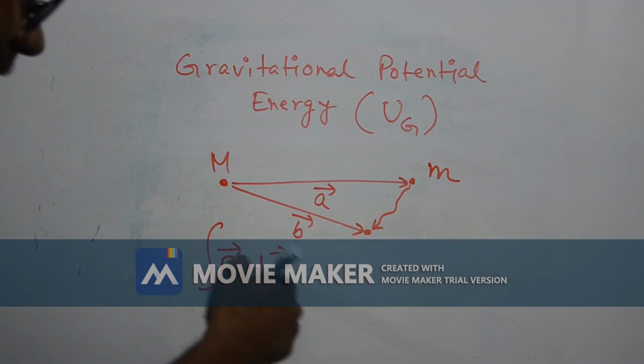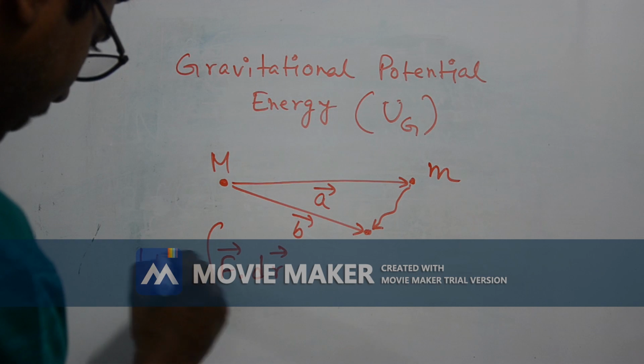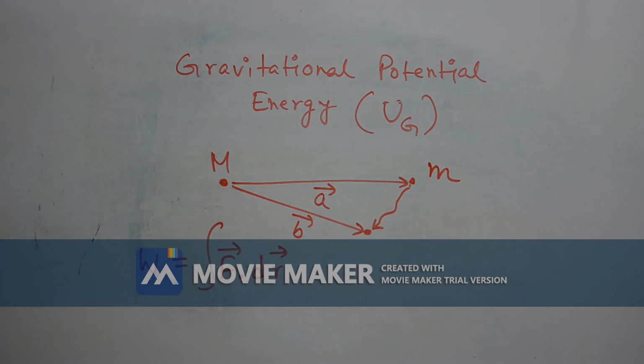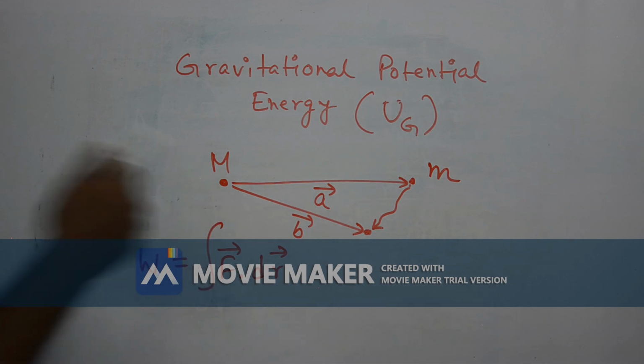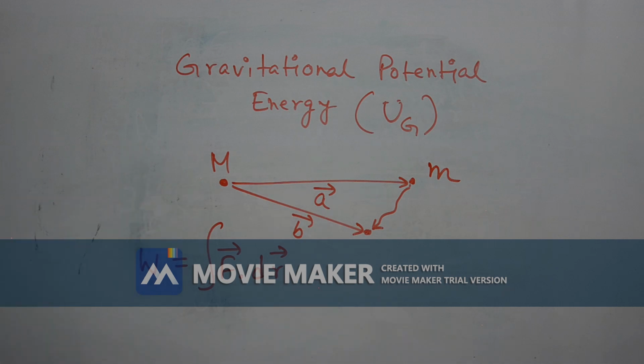F dot dr gives the infinitesimal work done dW, and the total work done is the integral of F dot dr, where we choose the proper limits from the initial position to the final position. That's the way we calculate the work done by the gravitational force.